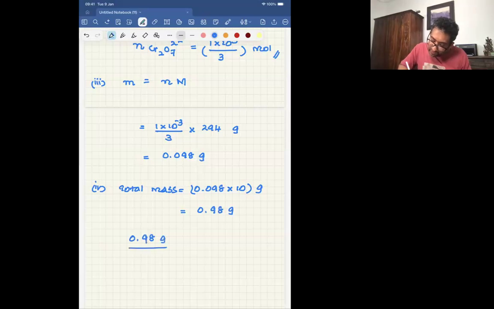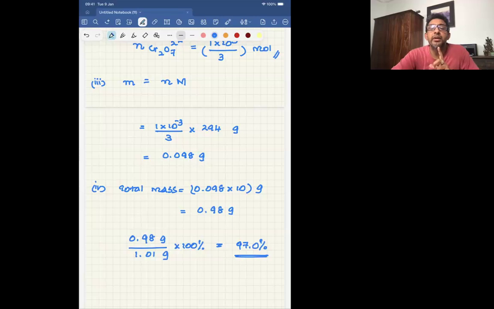So 0.98 divided by 1.01 multiplied by 100% gives you 97. That is your answer. Very good.